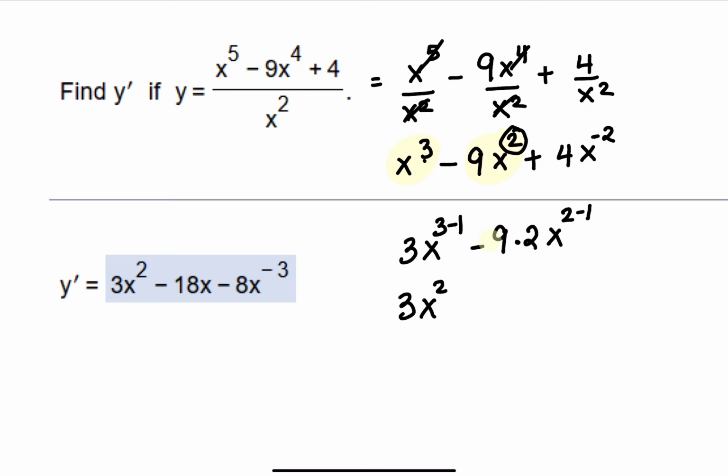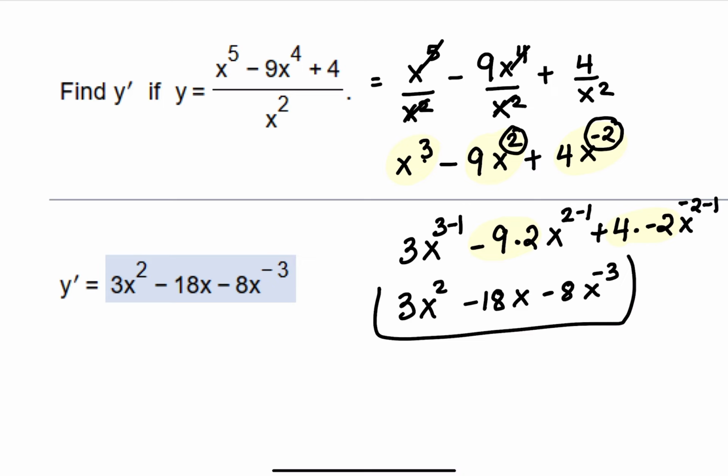Negative 9 times 2 is negative 18, and 2 minus 1 is 1. Now the derivative of 4 x to the power negative 2: 4 stays 4, and the derivative of x to the power negative 2 is negative 2 x to the power negative 2 minus 1. Positive 4 times negative 2 gives me negative 8, and negative 2 minus 1 is negative 3. And that is my final answer.